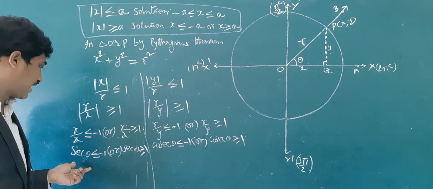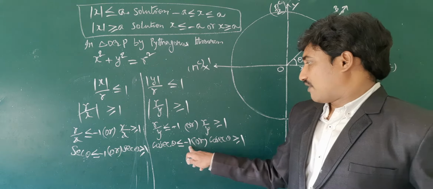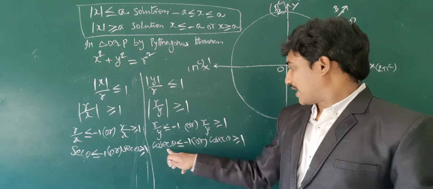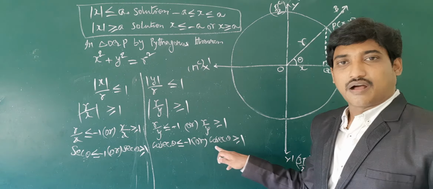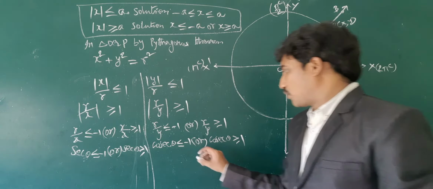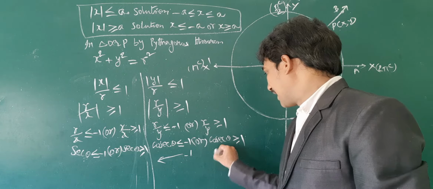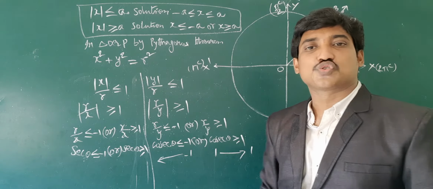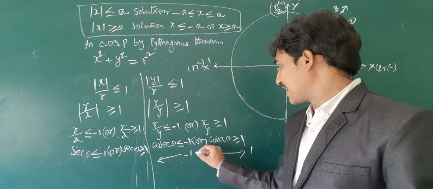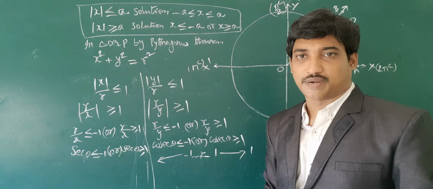So from this we came to know that the cosecant theta value is less than or equal to minus 1, or greater than or equal to 1. So cosecant theta is not taking values between minus 1 and 1.